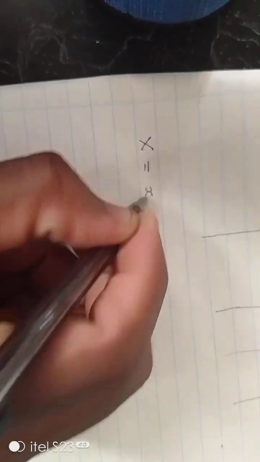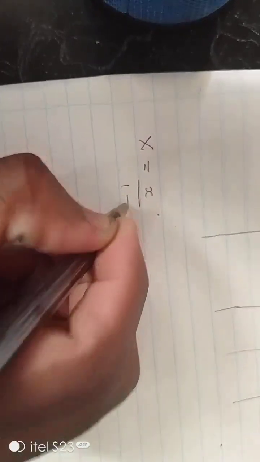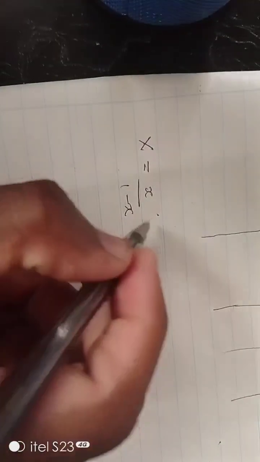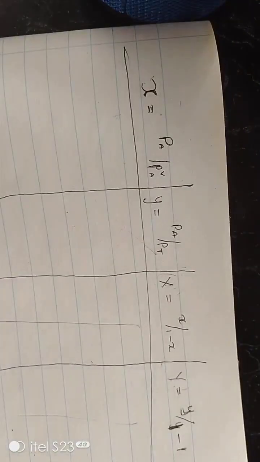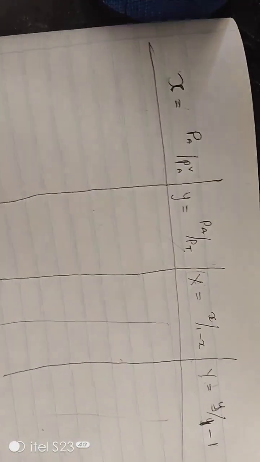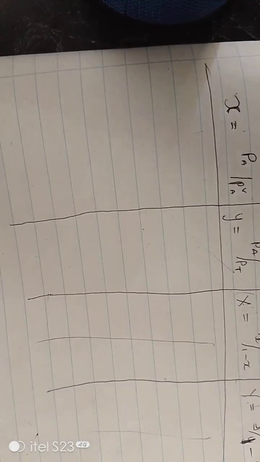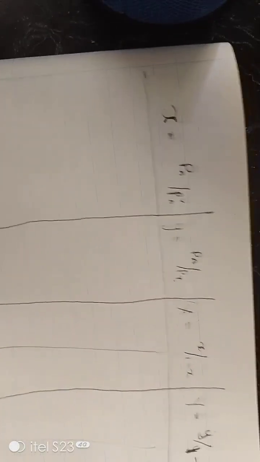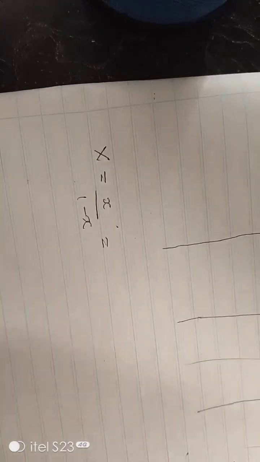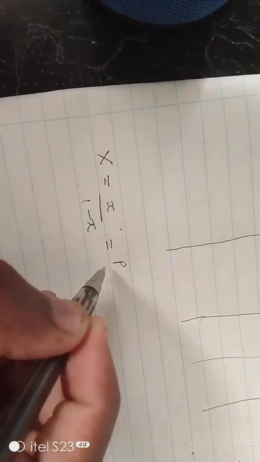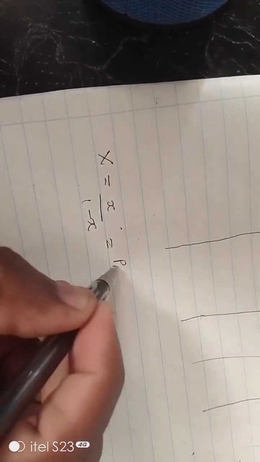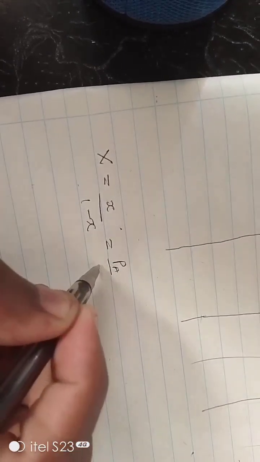We know that capital X is equal to small x over 1 minus x, right? That is how you know. Instead of doing this, you can take your x from the partial pressure of A over the vapor pressure.